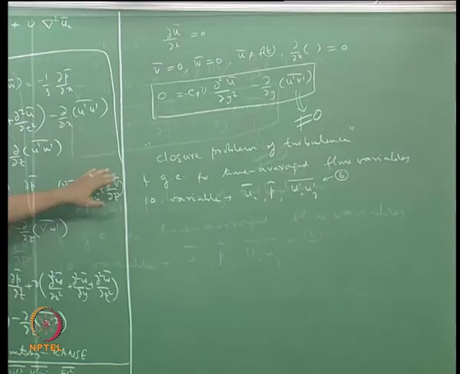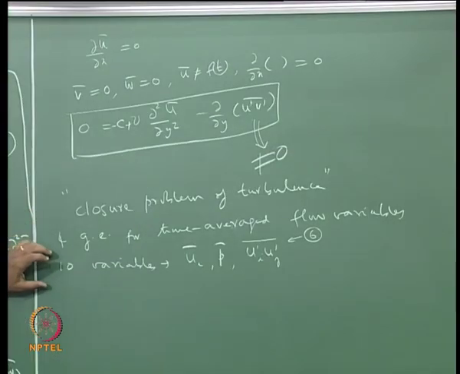So we are faced with the problem of having too many variables and too few equations. So what is the way around it?